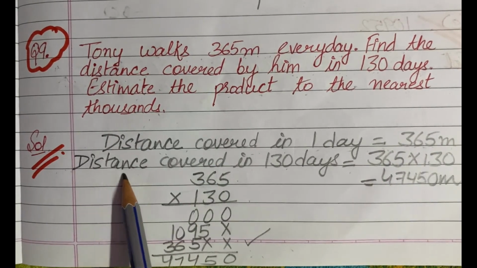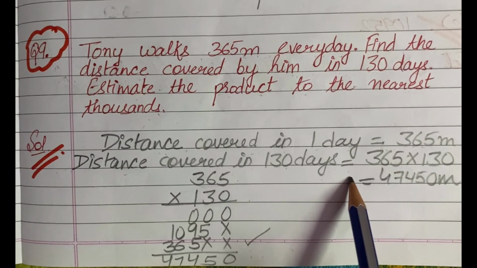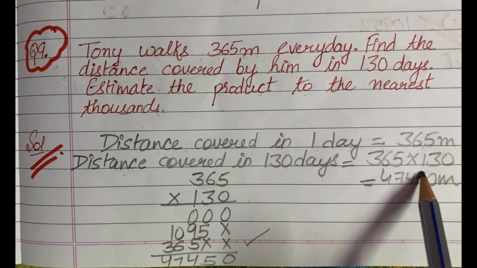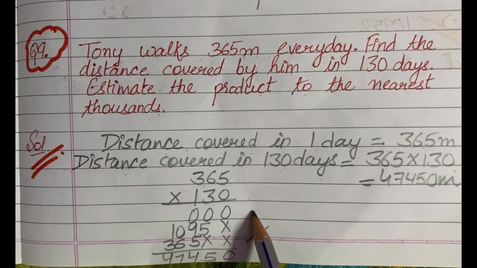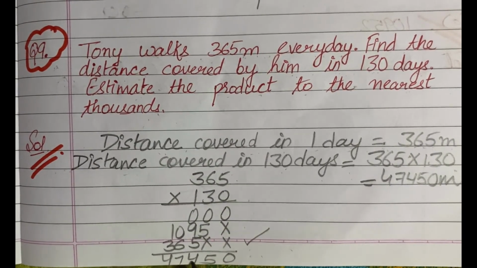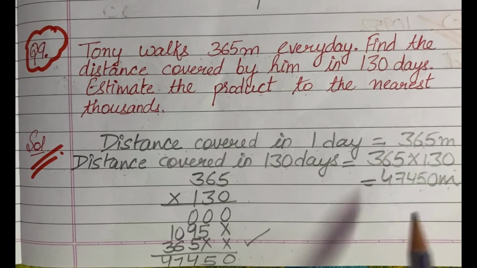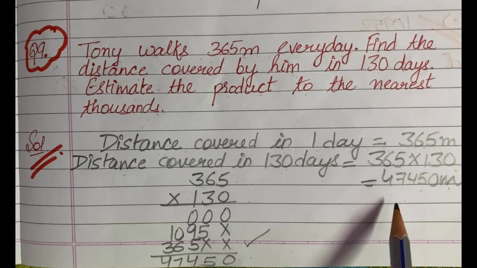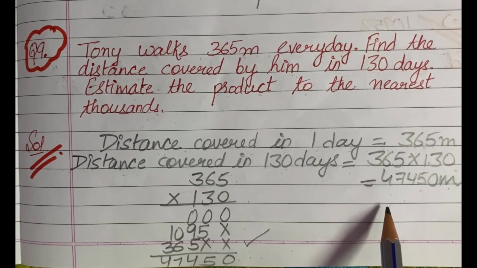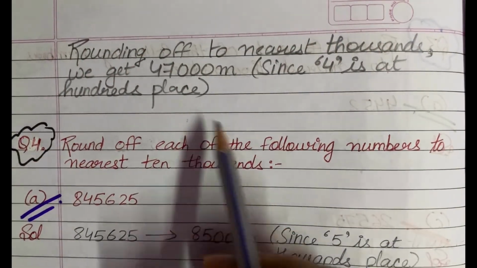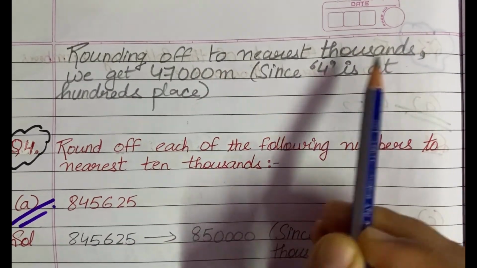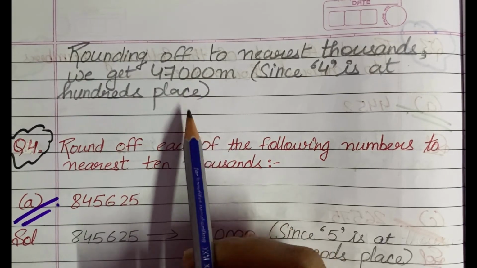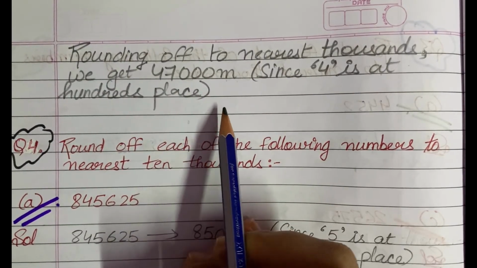Then we will write down distance covered in 130 days, and that will be given by 365 multiplied by 130, and on multiplying we will get 47,450 meter as an answer. Now students, we will round off this product to the nearest thousands. Now on rounding off to the nearest thousands, we will get 47,000 meter as an answer, since we were having 4 at the hundreds place.